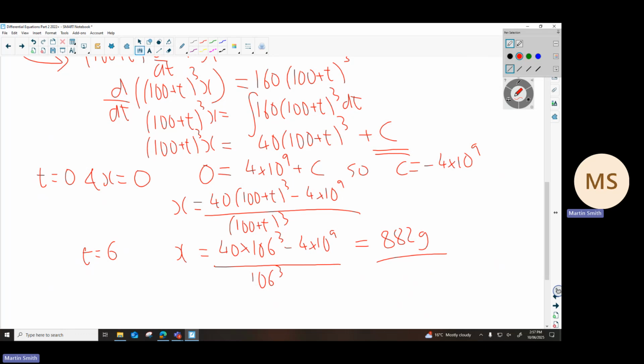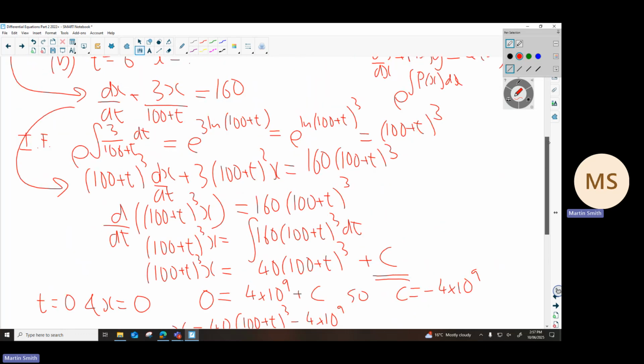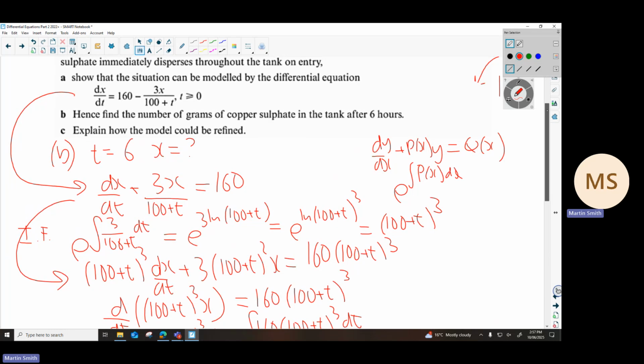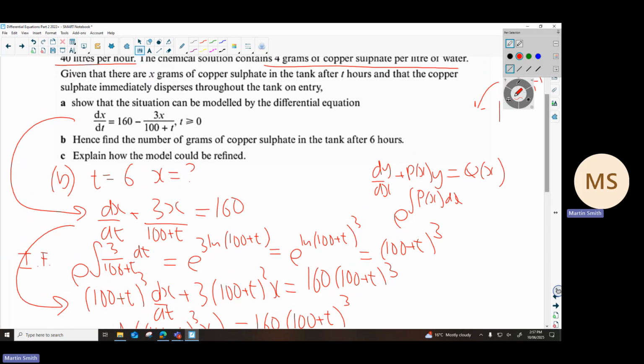Now, these kind of questions are very likely to end with a modeling bit. Explain how the model could be refined. And there is a standard answer that they are looking for in this question. In this question, we assumed that the copper sulfate immediately disperses through the tank on entry.